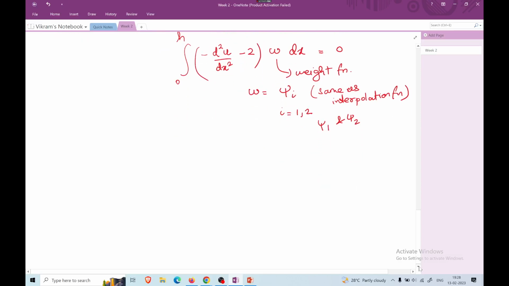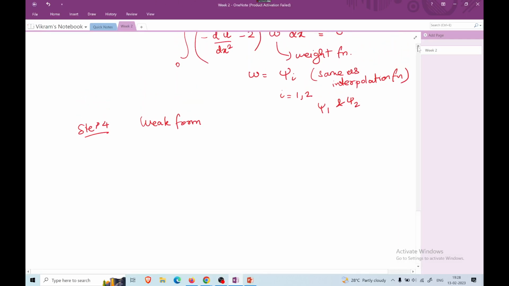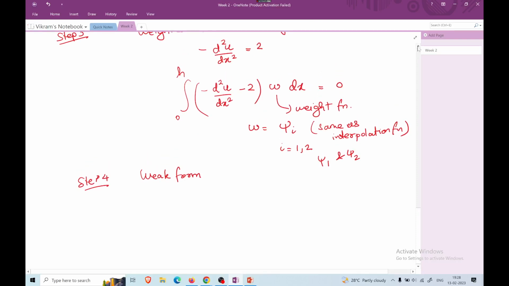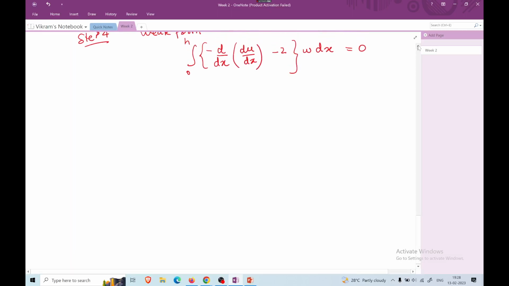Now step 4, weak form. Integral 0 to h of minus d by dx of du by dx minus 2, into w dx equal to 0.